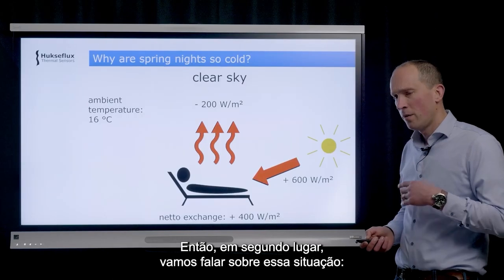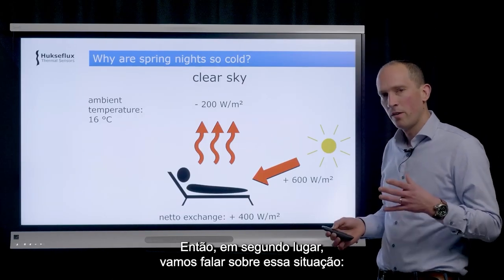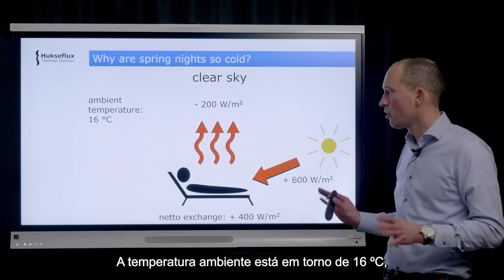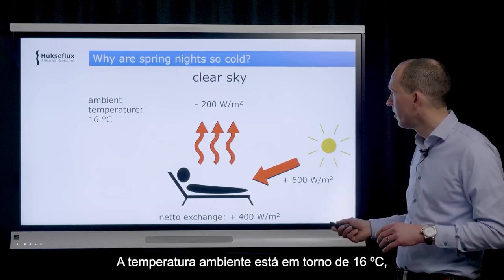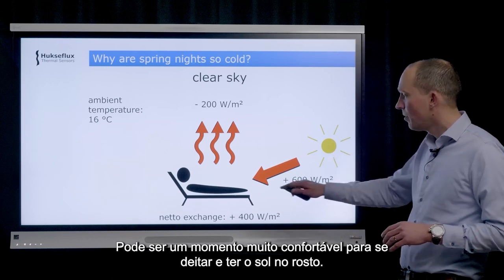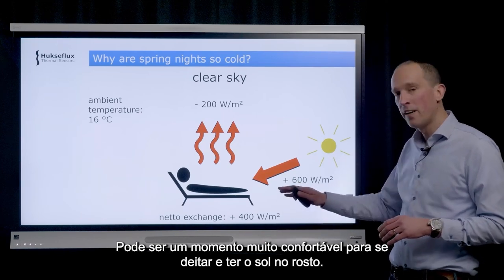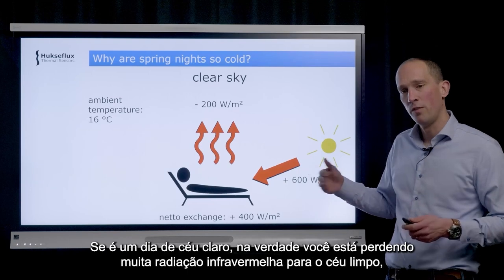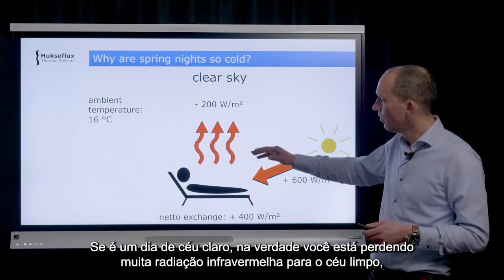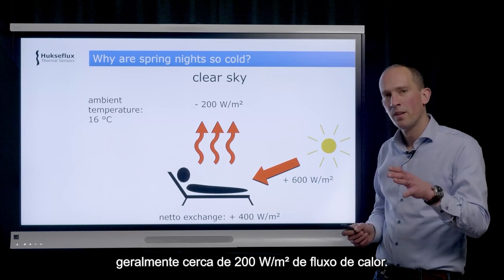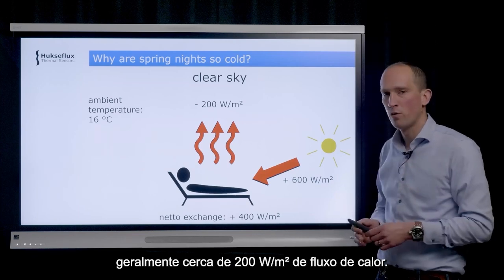So, secondly, let me talk about this situation. It's early spring. The ambient temperature is around 16 degrees Celsius, and the sun is already very low in the sky. It can be a very comfortable place to lie down and have the sun in your face. In this situation, if it's a clear sky day, you're actually losing a lot of infrared radiation to the clear air, generally about 200 watts per meter squared of heat flux.